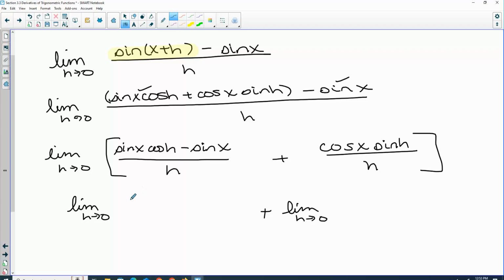The first one, I'm going to factor out that sin x, so it's sin x times cosine h minus 1. This one I'm going to kind of pull off the sin x for a minute.